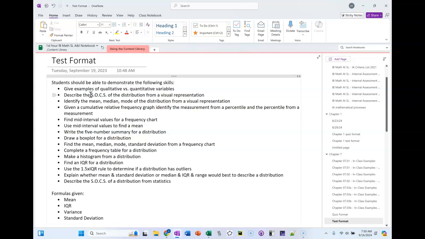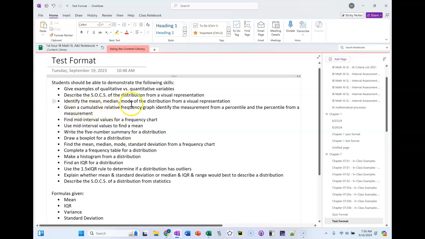That is an expectation, so that if I ask you to describe the SOCS, you know what I'm looking for. You should be able to identify mean, median, and mode of a distribution from a visual representation. So if I have a graph of a distribution, you should be able to locate approximately the mean, median, and mode.